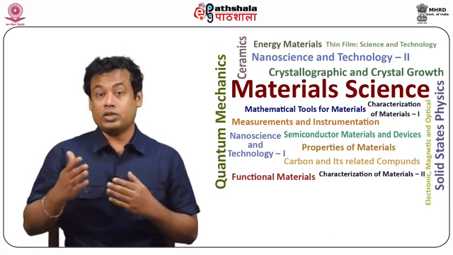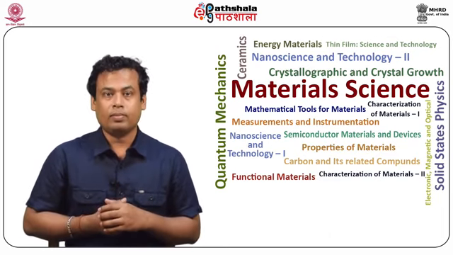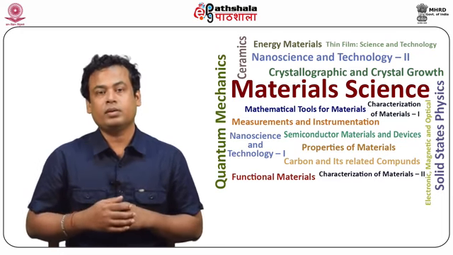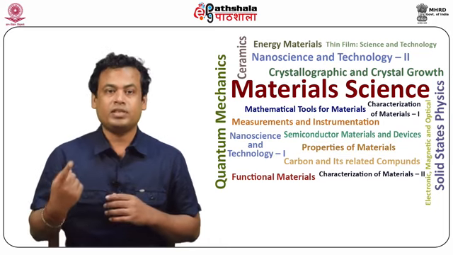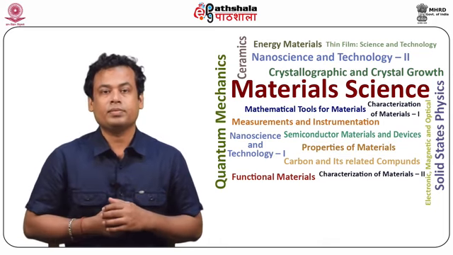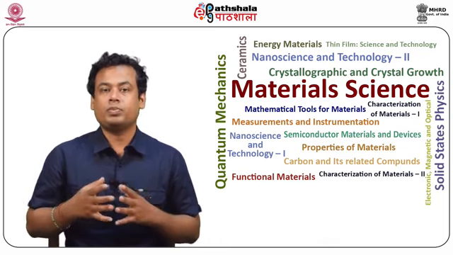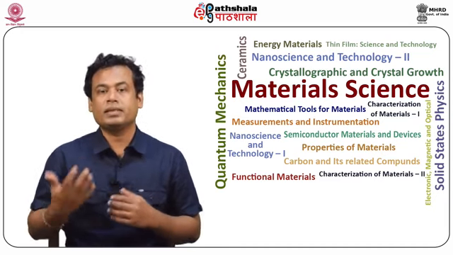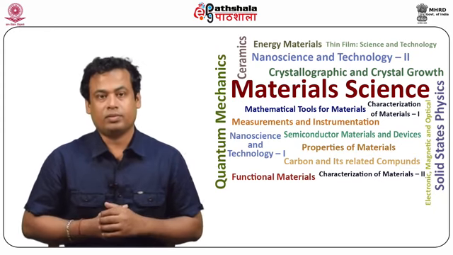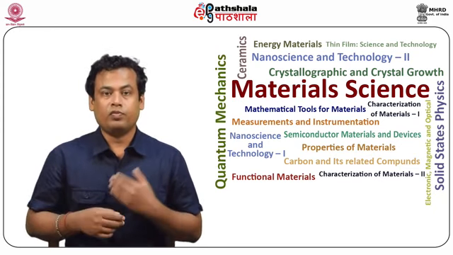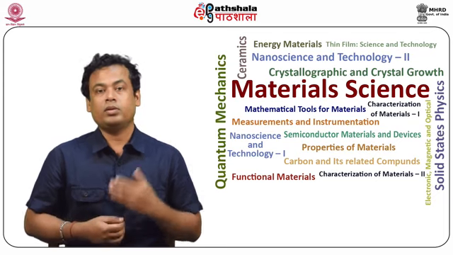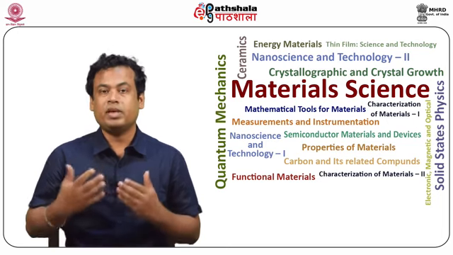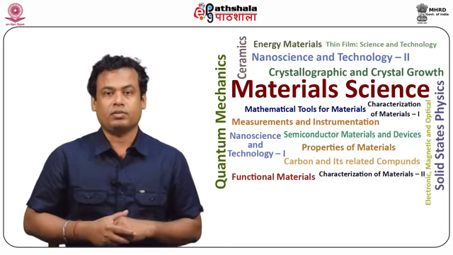Depending upon the nature of the excited electron, the photoluminescence process can be defined in two ways. First, fluorescence, where the luminescence is produced as a result of singlet-singlet electronic relaxation. Second, phosphorescence, where the luminescence is produced as a result of triplet-singlet electronic relaxation.